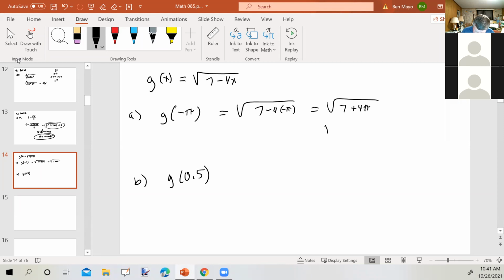So I've got this, then 7 plus 4. Now, the pi button, let's see here, put on my glasses. On this calculator, I know it's on here. Pi.